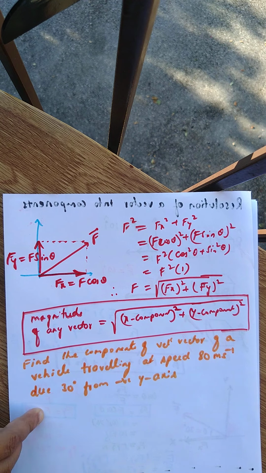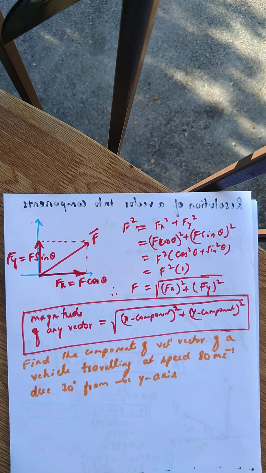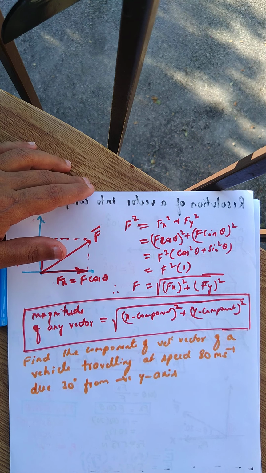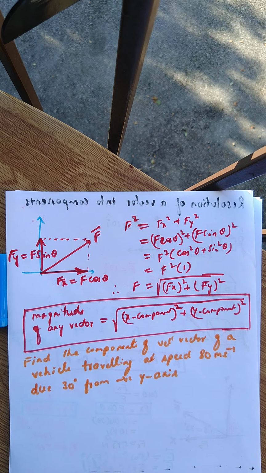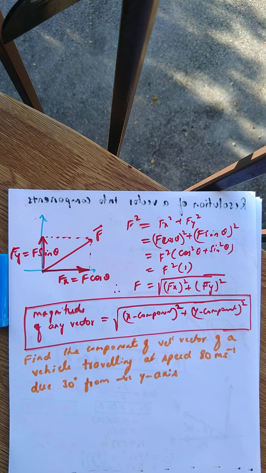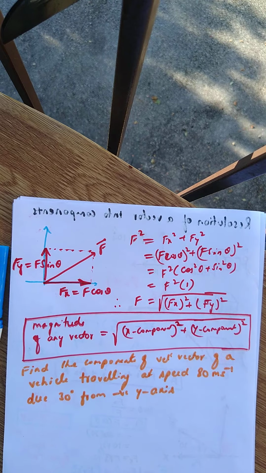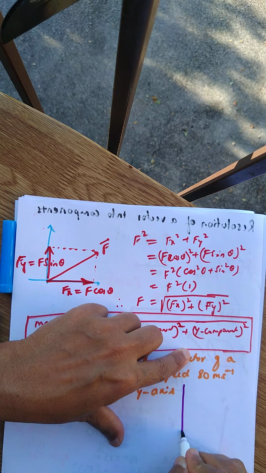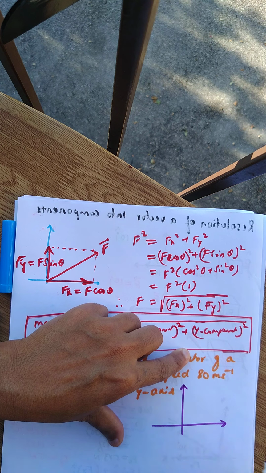It is not very familiar to us, but we can always draw. So we know our coordinate system. My coordinate system is here.